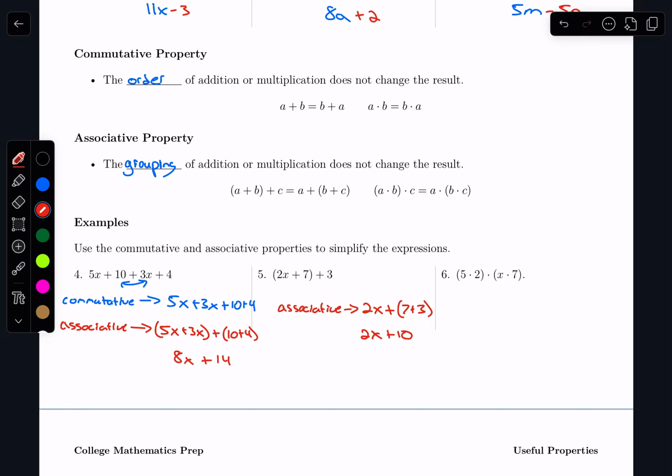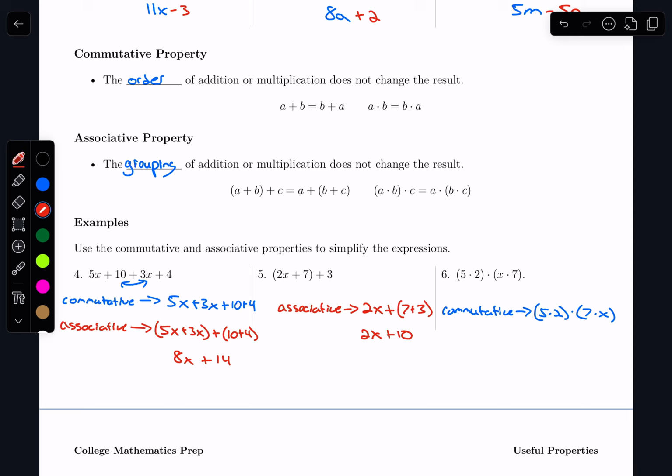Okay, number 6, we have 5 times 2 multiplied by x times 7. What I'm going to do is use the commutative property first to switch the places of the x and the 7. So I'm going to leave it as 5 times 2 in front, multiplied by, but I'm just going to switch the x and the 7 to make it 7 times x.